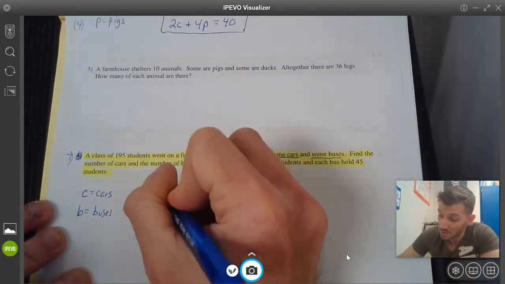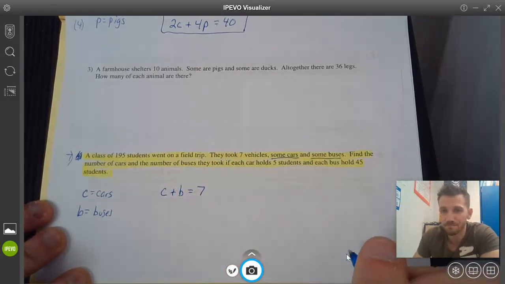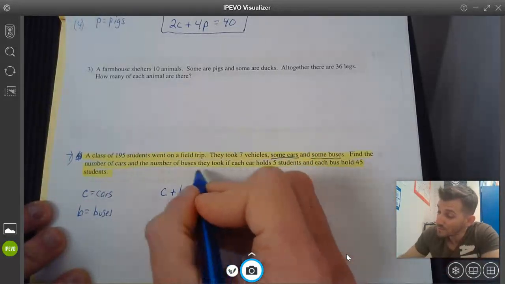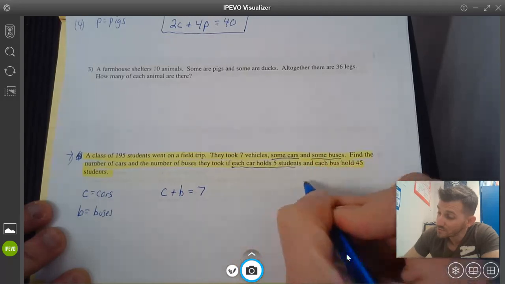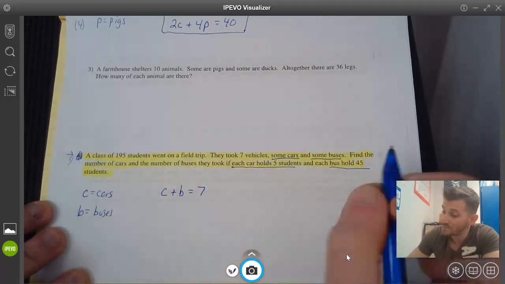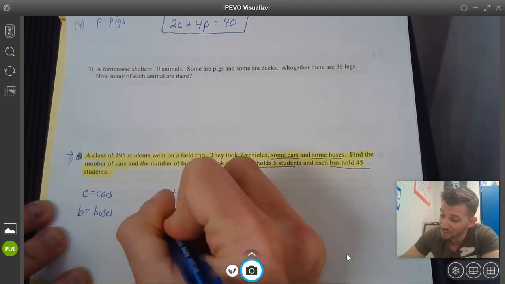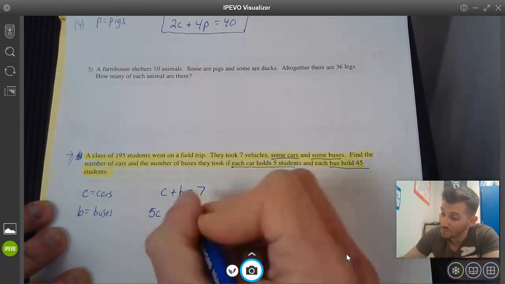Well, my cars plus my buses has to total 7 vehicles in all. We also know that each car holds 5 students and a bus holds 45 students. So a car holds 5. So it's 5 for every car plus 45 for every bus.